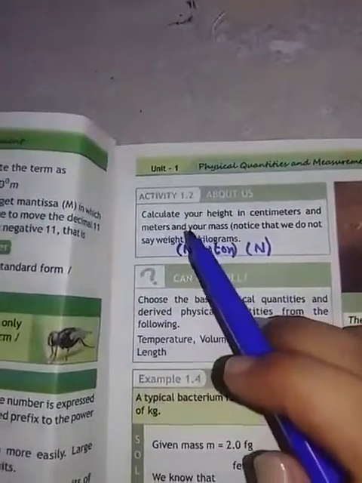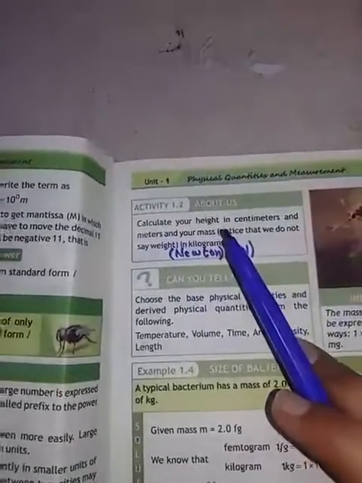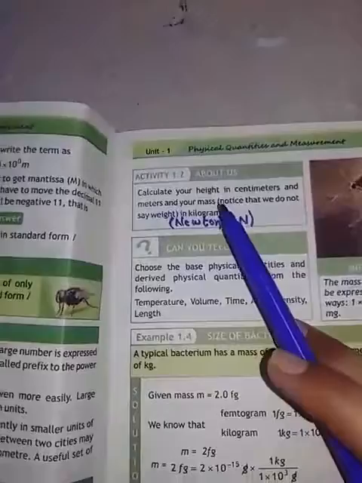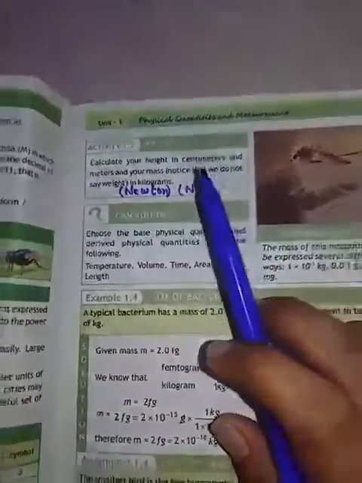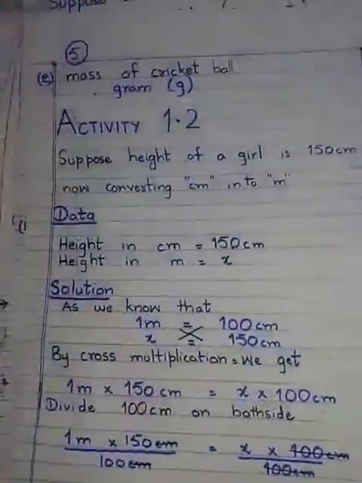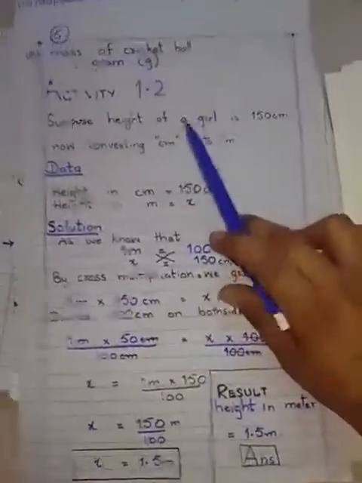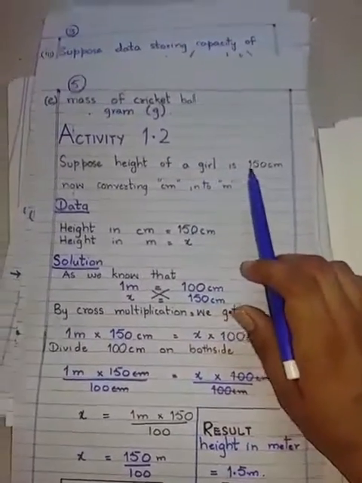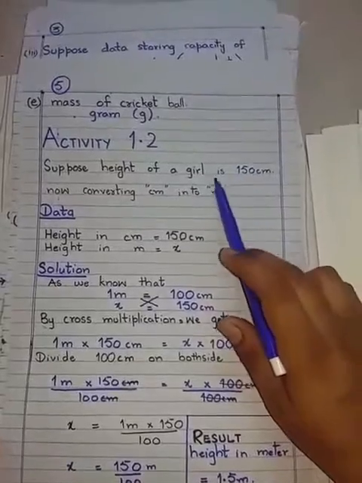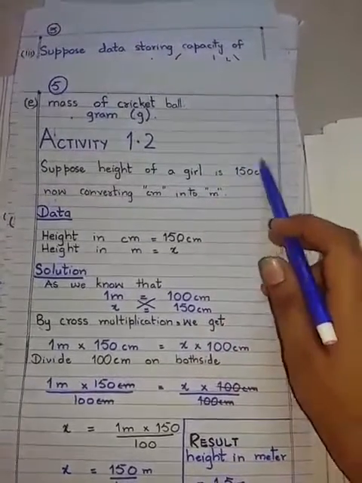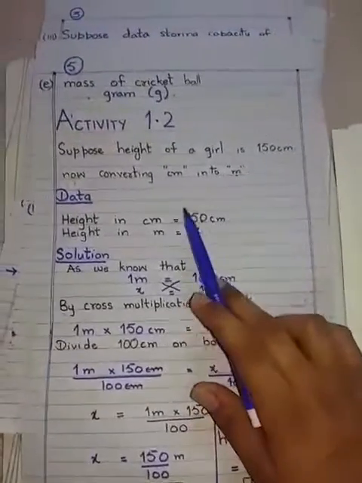But your question is to calculate the mass in kilogram, so you can find out your mass with the help of a mass scale or a weight machine. Now the solution of activity 1.2 is given. Suppose the height of a girl is 150 centimeters. If we want to convert this value into meter, how can we calculate, girls? First you will arrange the data.